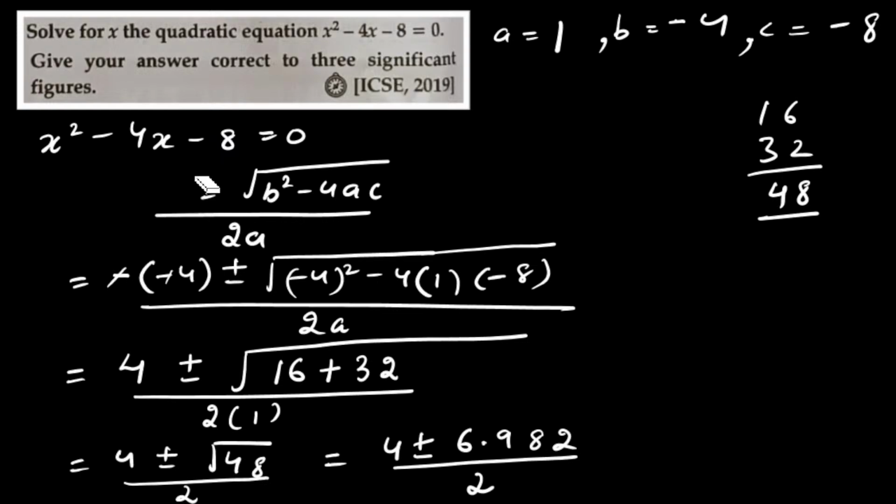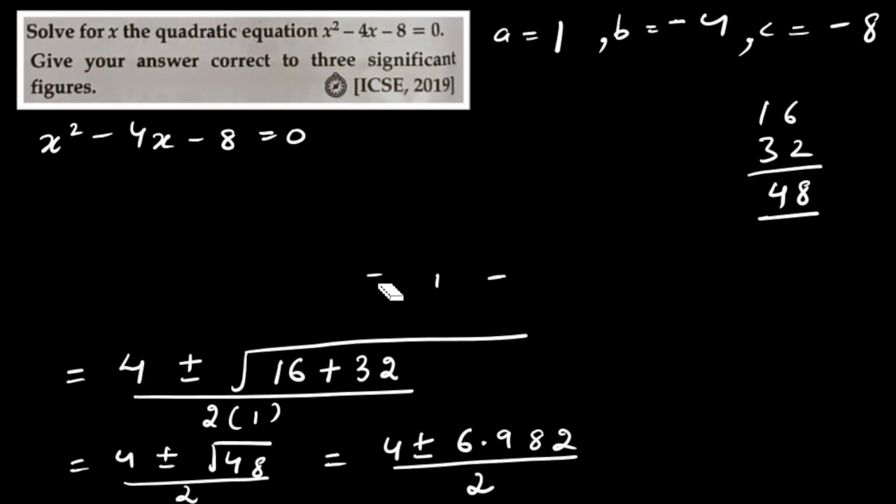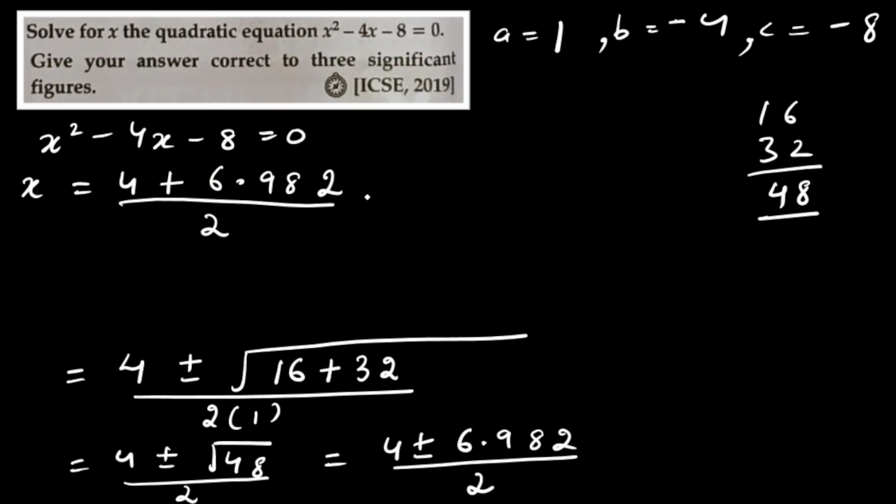So 6.982 is the value of square root of 48. Now let's solve it. So x is equal to 4 plus 6.982 by 2 or 4 minus 6.982 by 2.